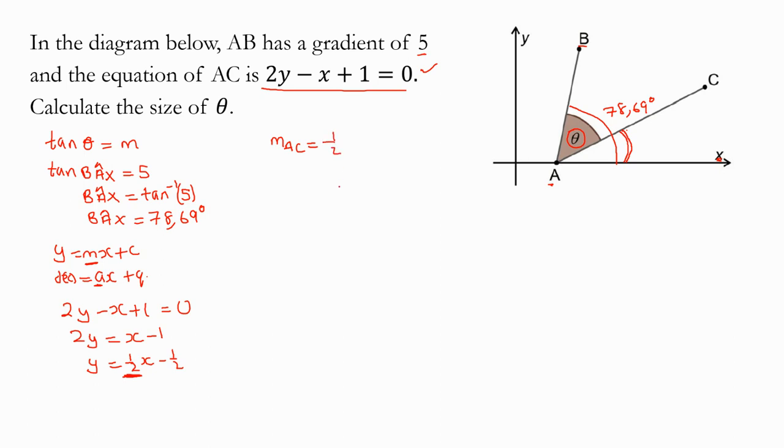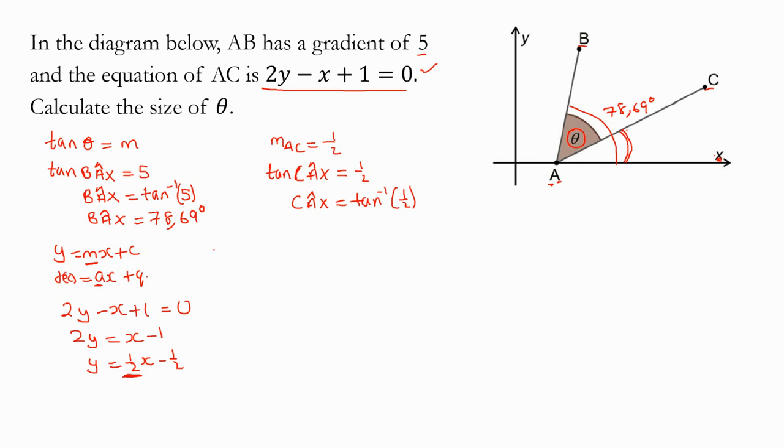Now we want the angle CAX. So tan CAX is equal to half. Then arctan to find the angle: arctan of half, 1 over 2.